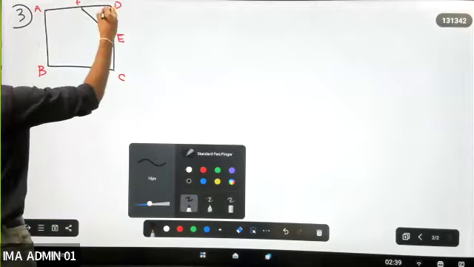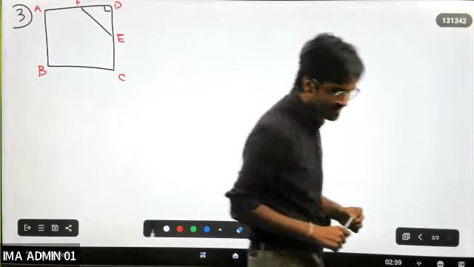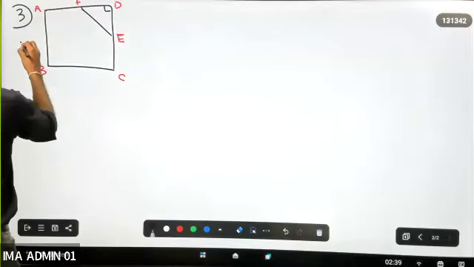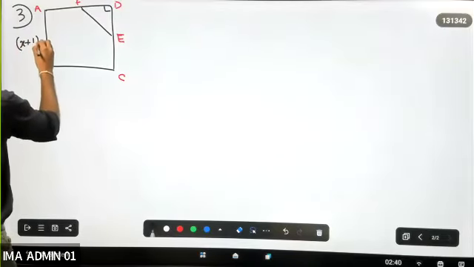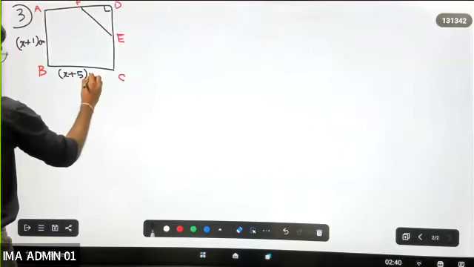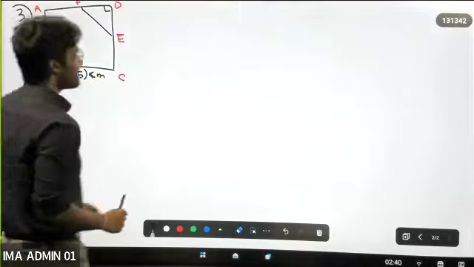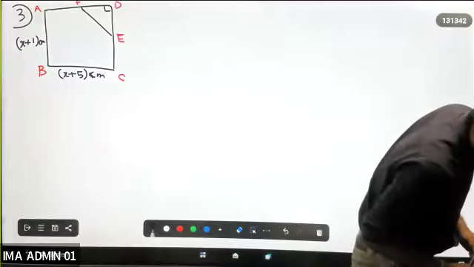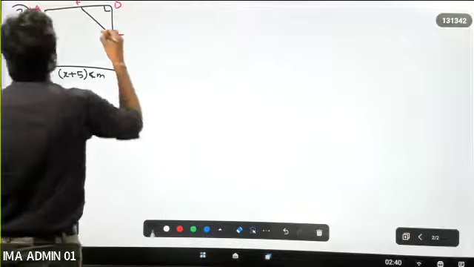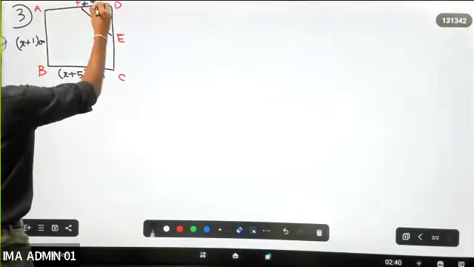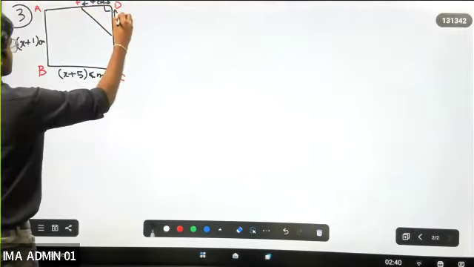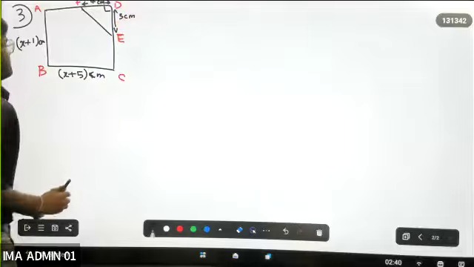They have given x plus 1 centimeter and x plus 5 centimeters, and they have given these two lengths: this is 4 centimeters, and this part is 3 centimeters.